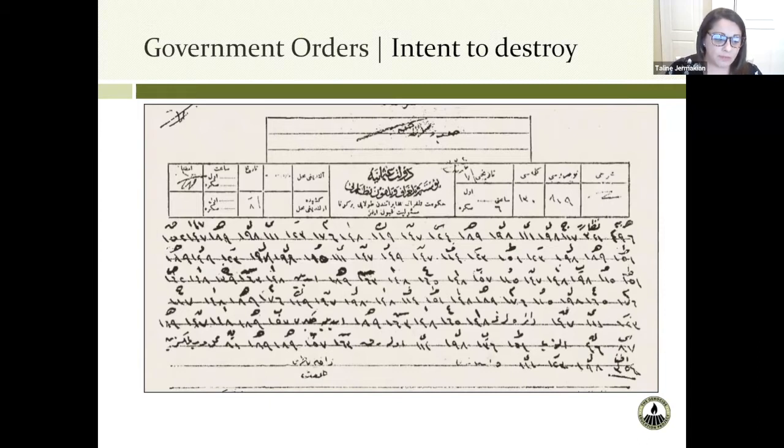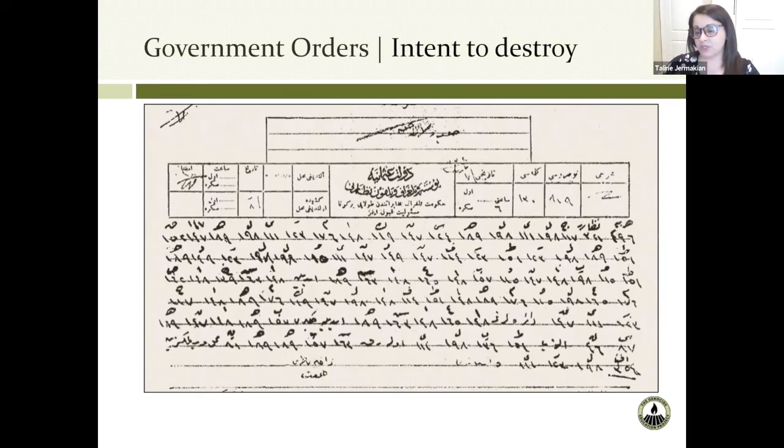Try with all your might to obliterate the very name Armenia from Turkey. You would give this primary source document with the translation and ask your students, how does this show intent? How do we know that this fits into the definition of genocide?